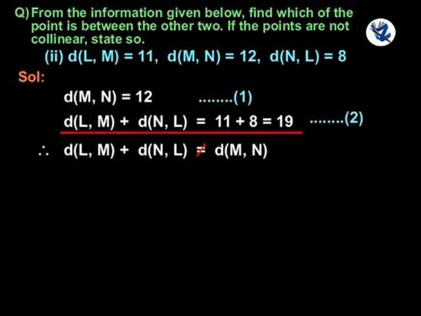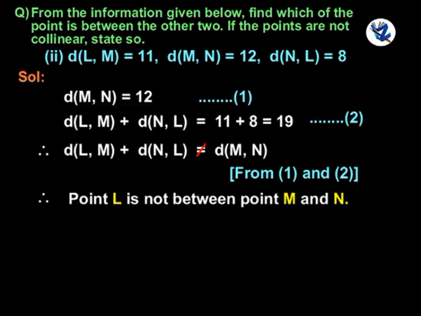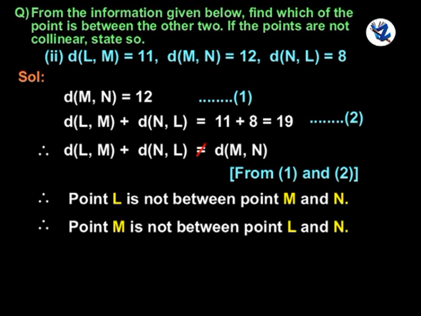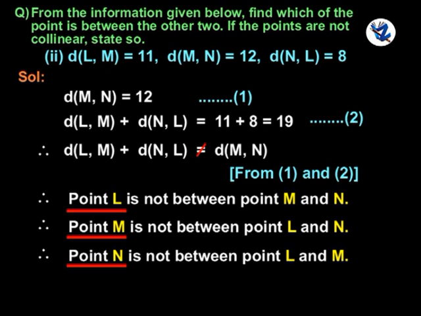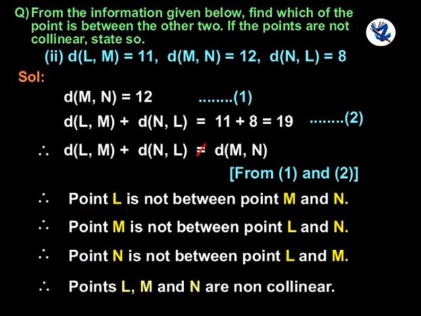Therefore, distance LM plus distance NL is not equal to distance MN from 1 and 2, and therefore, point L is not between point M and N. The same thing can be shown in the case of point M and point N, and therefore, none of the points L, M and N are between the other two points, and therefore points L, M and N are non-collinear.